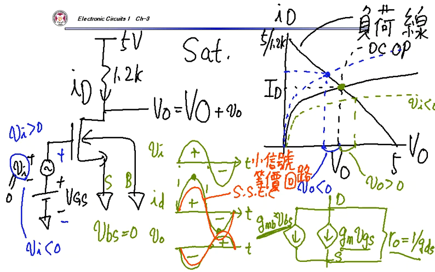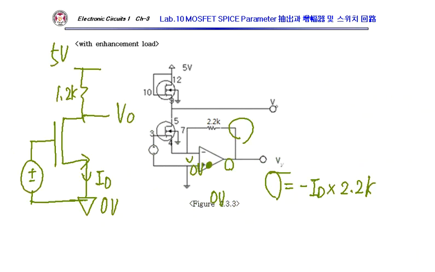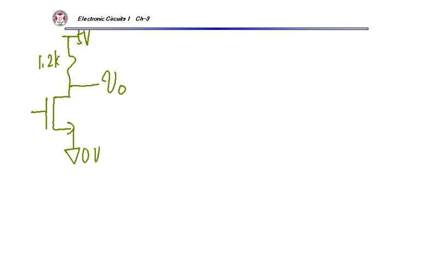Okay, let's try to calculate voltage gain. This is my circuit, an amplifier circuit, 5 volt, VO, 0 volt, and then I have some small signal and some DC.